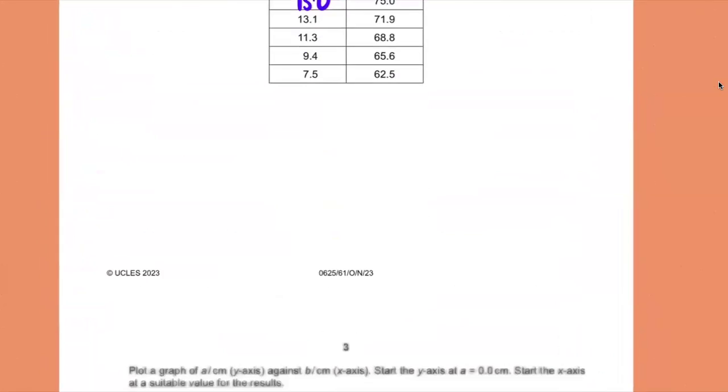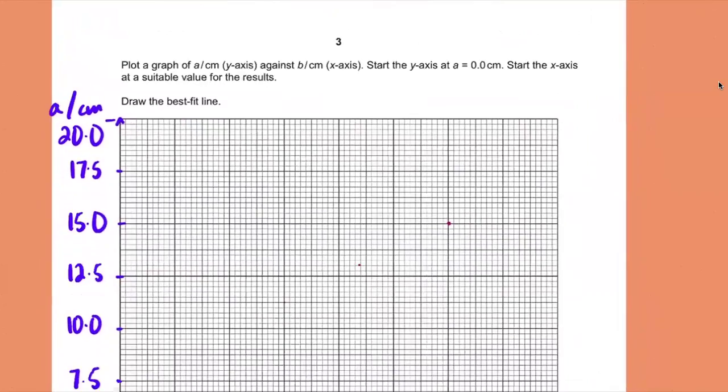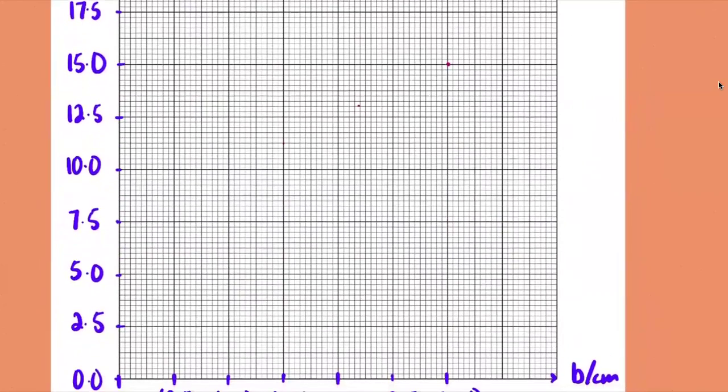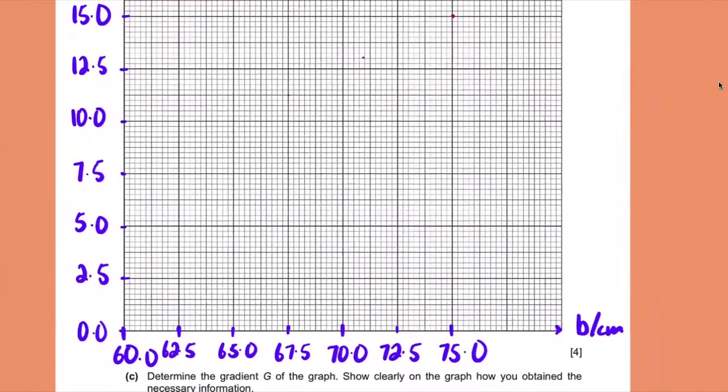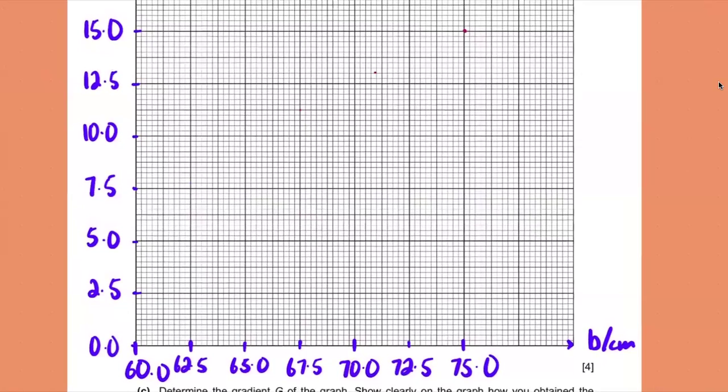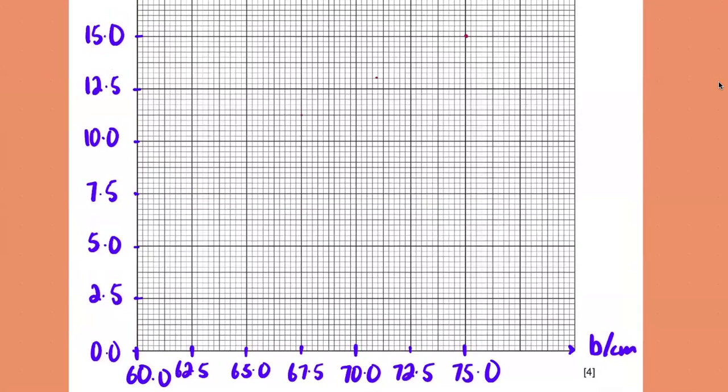9.4 and 65.6. 65.5 would be here, so 65.6 would be slightly ahead, and 9.4. So this would be 9.5, so 9.4 would be slightly here, right?